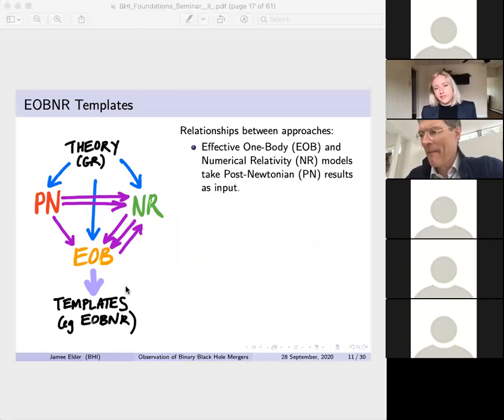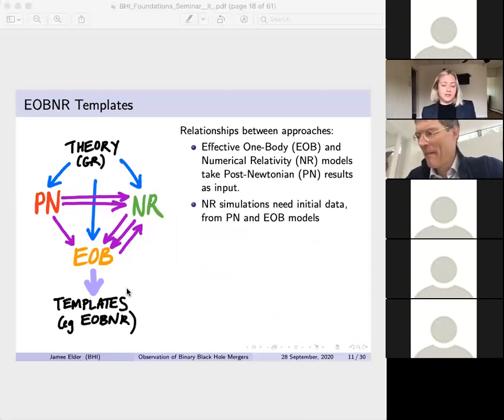So first of all, the effective one-body and numerical relativity models have to take post-Newtonian results as input. Numerical relativity simulations need initial data, and this comes from either post-Newtonian or effective one-body models. The effective one-body models are tuned to numerical relativity simulations in order to make them accurate descriptions.